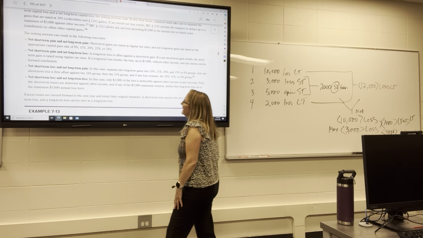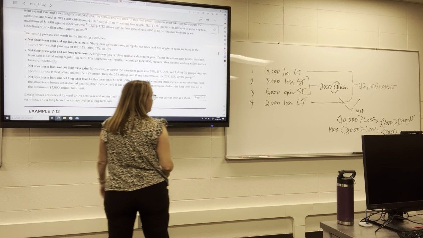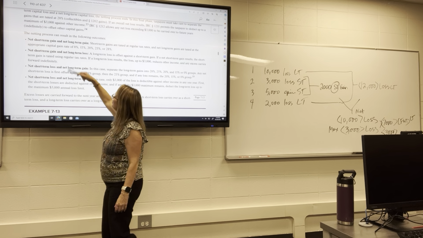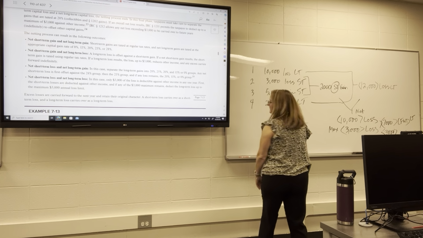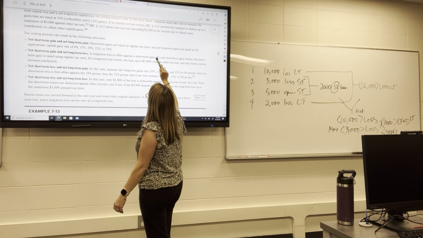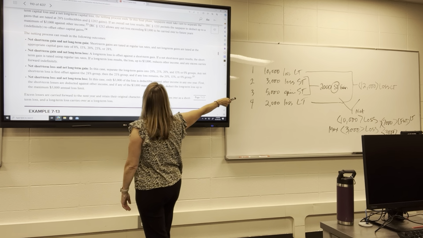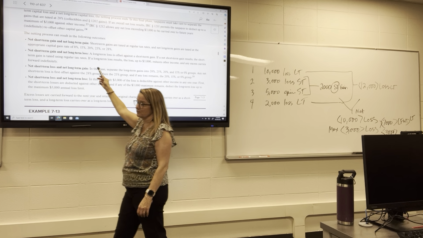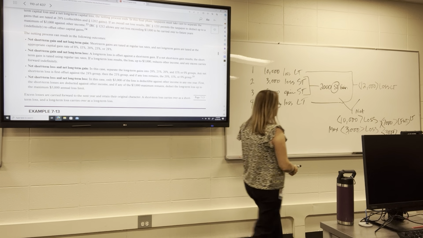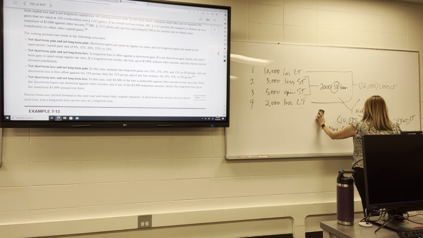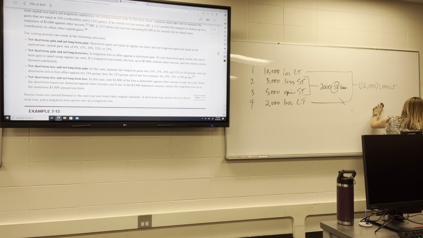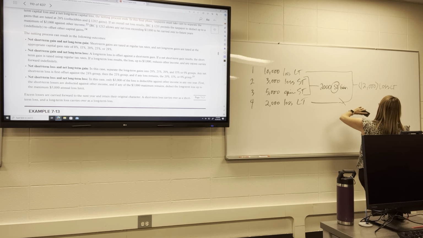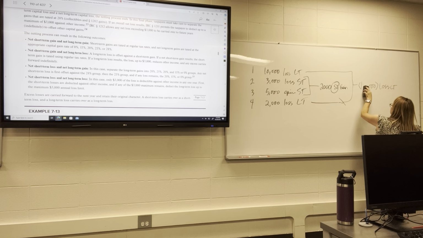If we get a net short-term gain and a net long-term loss, the loss will offset the gain. If a net short-term gain results, the short-term gain is taxed at regular tax rates. So, for example, let's say this was a $1,000 long-term loss.